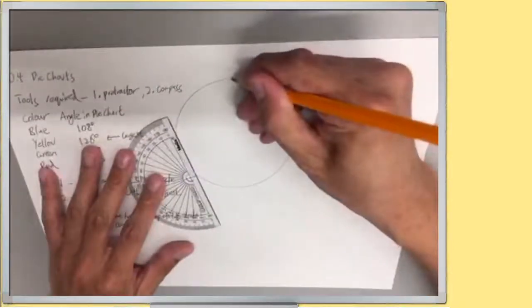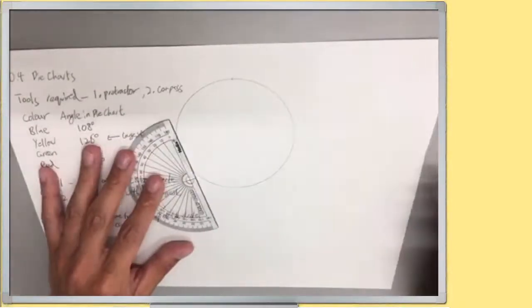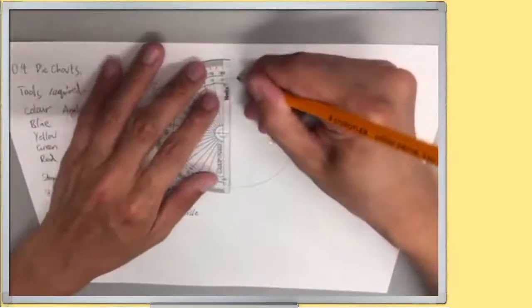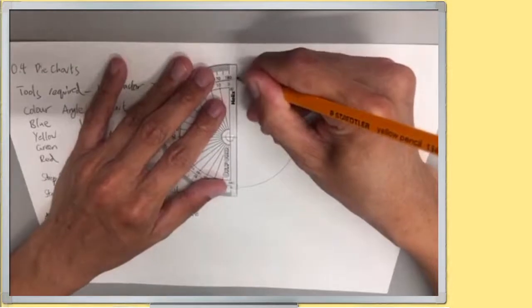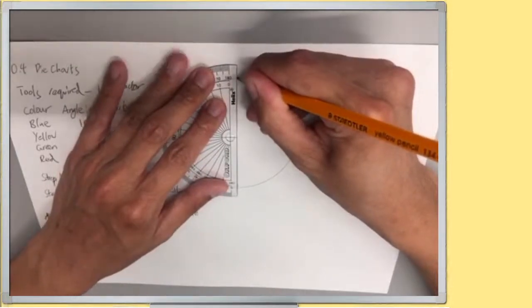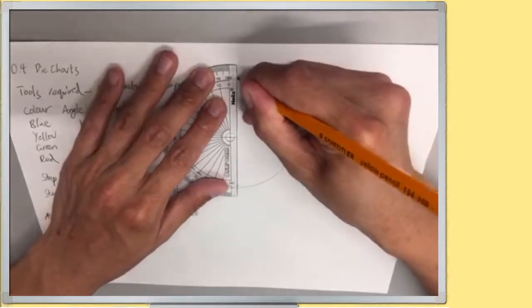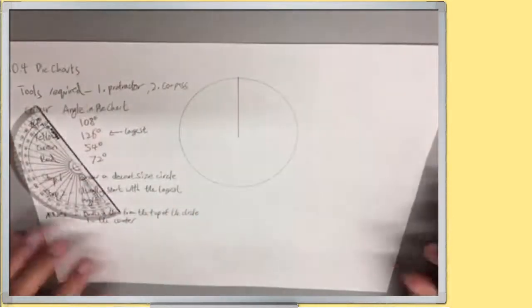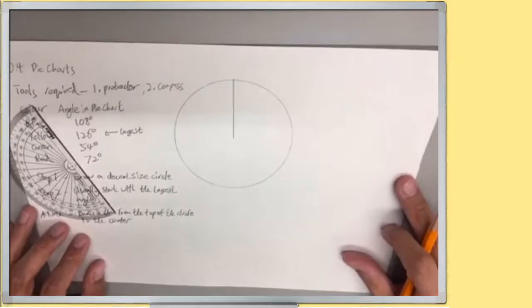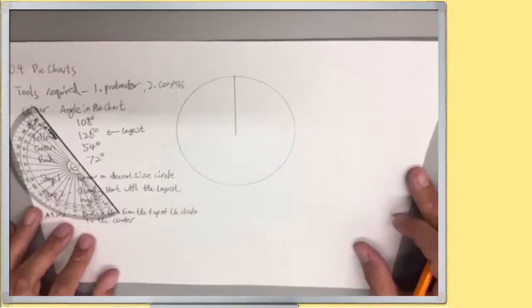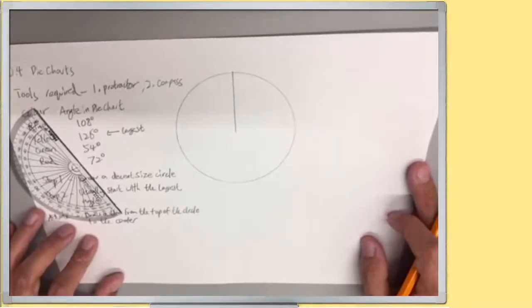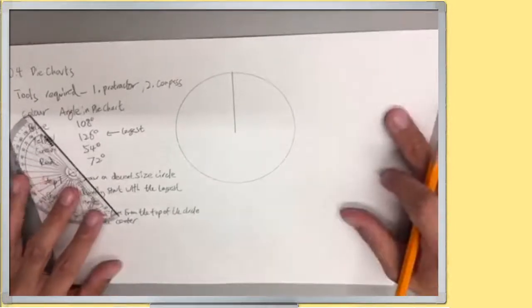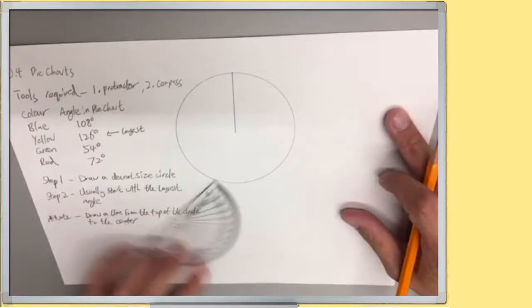I would say this is my top point over here. I will just put a dot, and then I will connect it to my center, where I poked the paper with the compass. I know it probably doesn't look very straight to you, so I will just turn my page so that it looks straight. The next part is I want to draw an angle of 126 degrees.